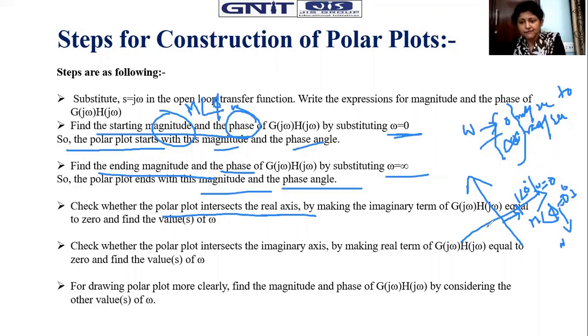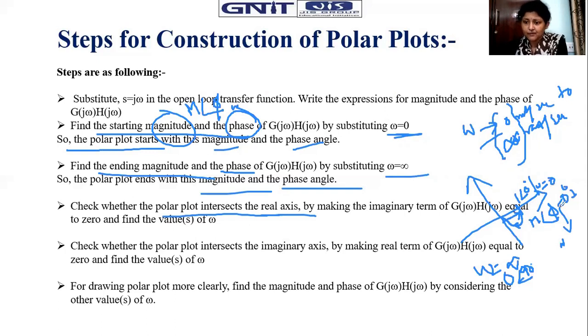Most of the time, for a strictly proper system, at omega equals infinite we get 0 magnitude with phase angle, suppose, minus 90 degree. In that case the intermediate values go from 0 degree to minus 90, covering this part, that means the fourth quadrant.